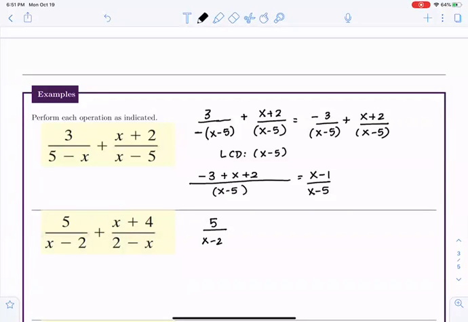I'm going to pull a negative out. So now we have negative times that positive, which would make that middle term negative.